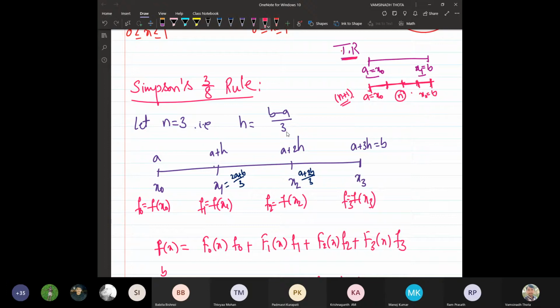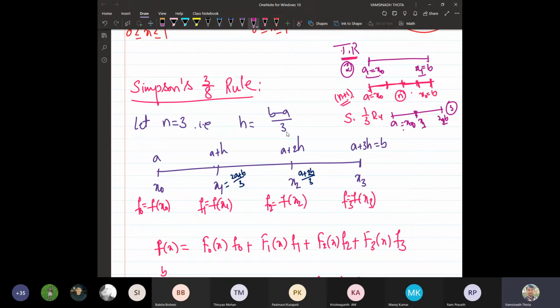Now we have discussed Simpson's 1/3 rule. What about Simpson's 1/3 rule? We have an interval initially A, B. Here we considered three nodal points, x0, x1, and x2.